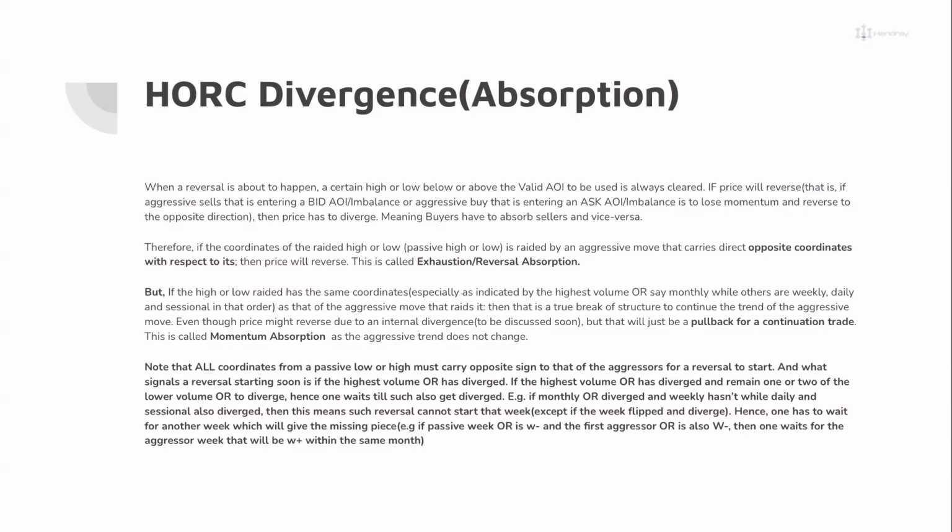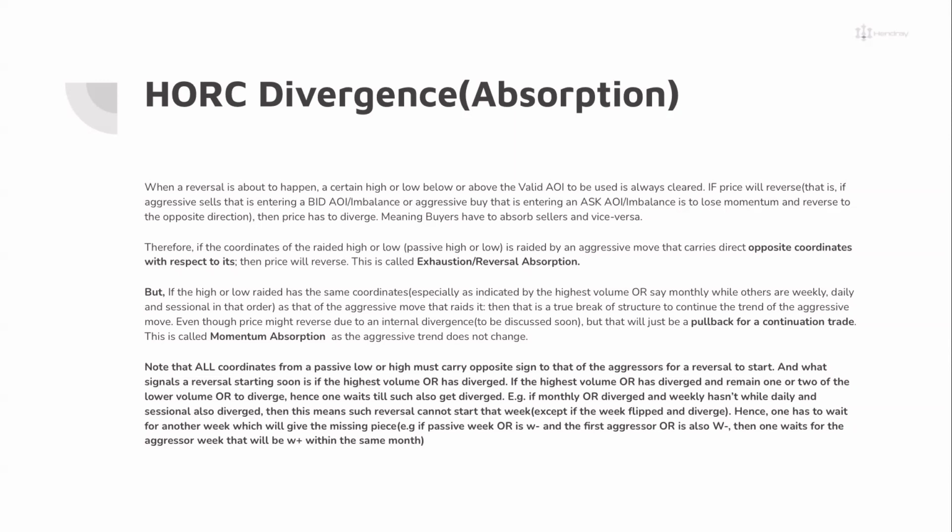What signals a reversal starting soon is if the highest volume OR has diverged and remain one or two of the lower volume OR to diverge, hence one waits till such also gets diverged. For example, if monthly OR diverged and weekly hasn't, while daily and sessional also diverged, then this means such reversal cannot start that week, except if the week flipped and diverged.